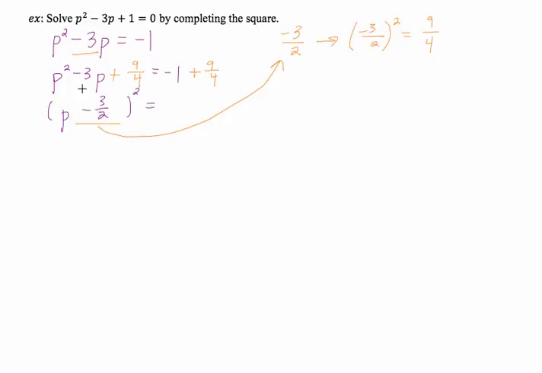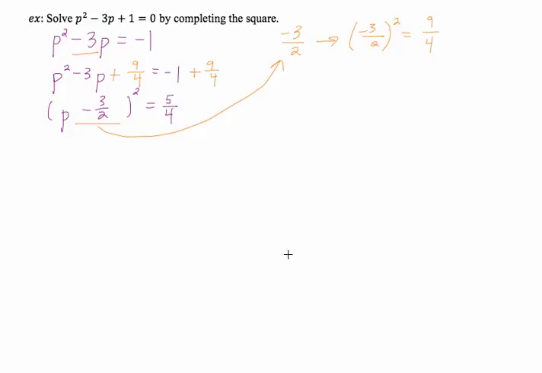And if you do FOIL this out, you will get -3p for your middle term, because -3/2 minus 3/2 is -3, and the last term will be -3/2 times itself, which is 9/4. So that does work. And then we simplify what's on the right side, -1 plus 9/4. In my mind, I'm thinking of -1 as -4/4. So -4/4 plus 9/4 is going to be +5/4.